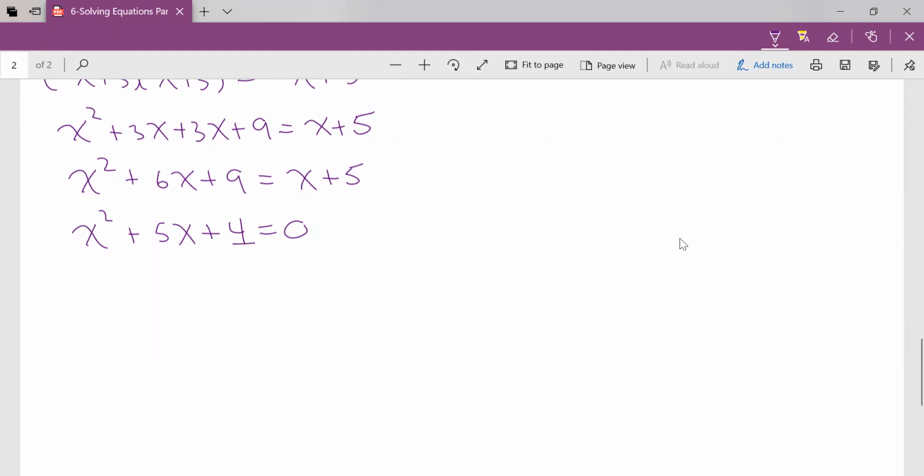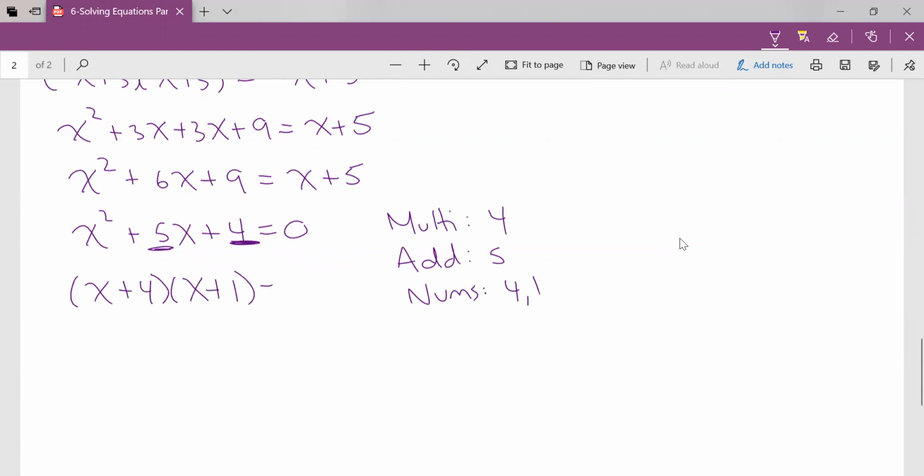So I say to myself, I need two numbers that multiply to positive 4, add to positive 5. Those two numbers are 4 and 1. So when I factor this, it's a simple trinomial, x plus 4, x plus 1 equals 0. And now I can see it's x is equal to -4, x is equal to -1.